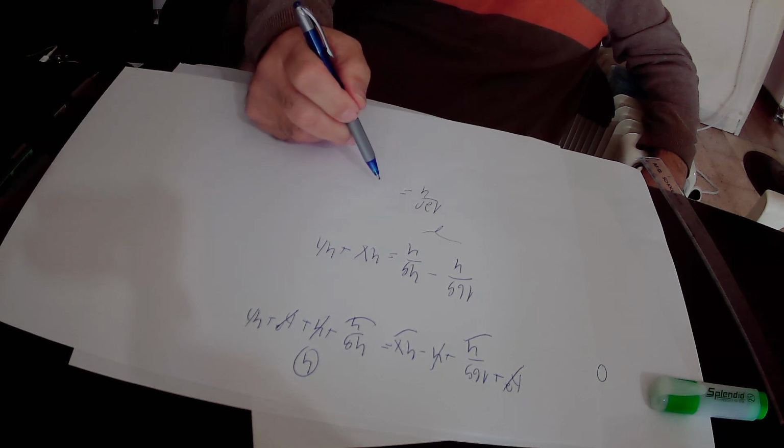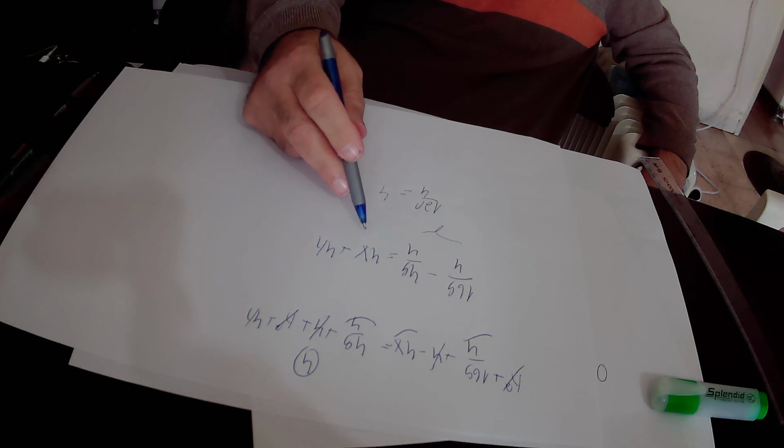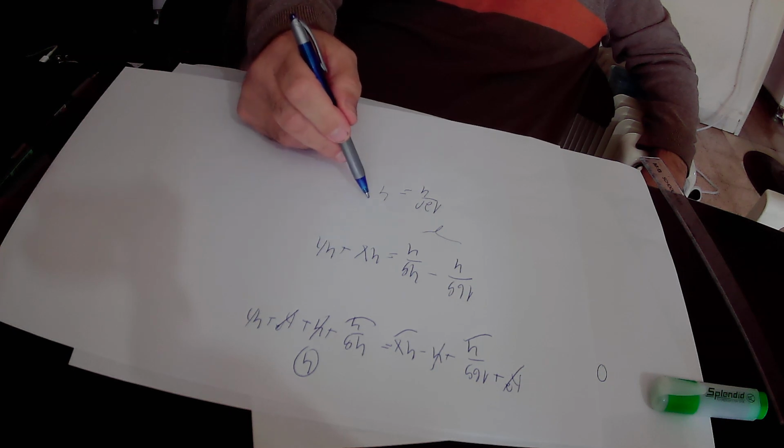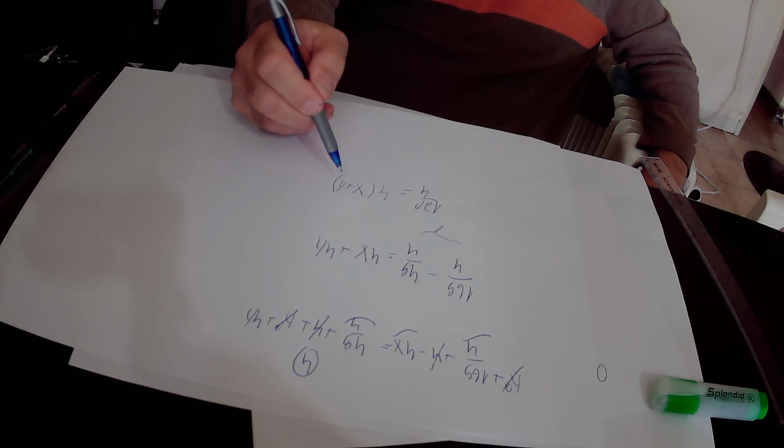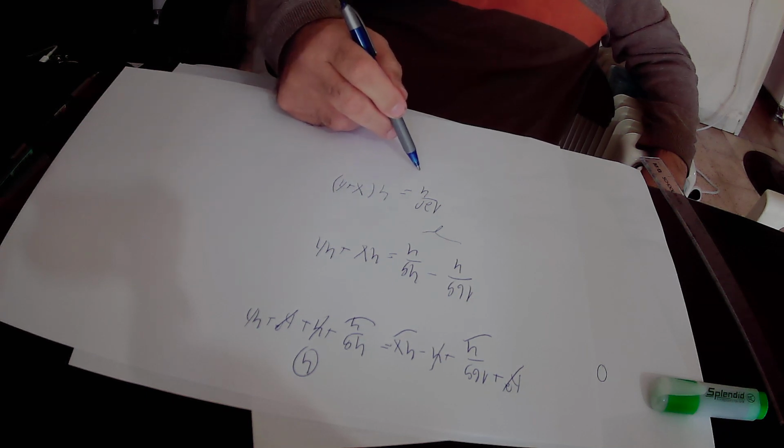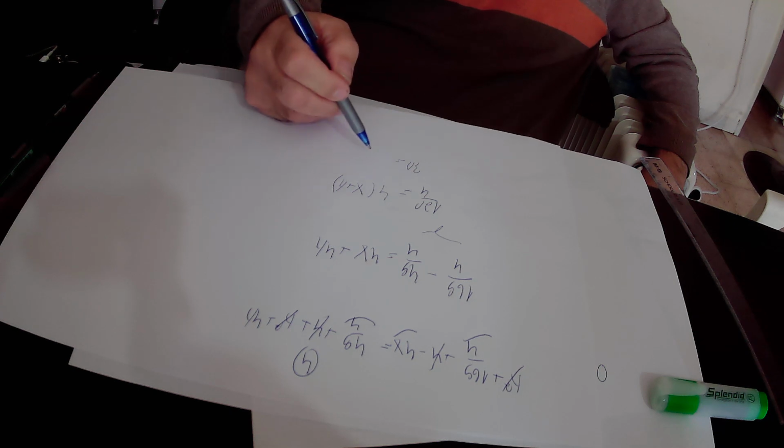That equals 4, we take a common factor of 4, so inside the brackets we have x plus h. 120 over 4 is 30, so 30 equals 4 times (x plus h).